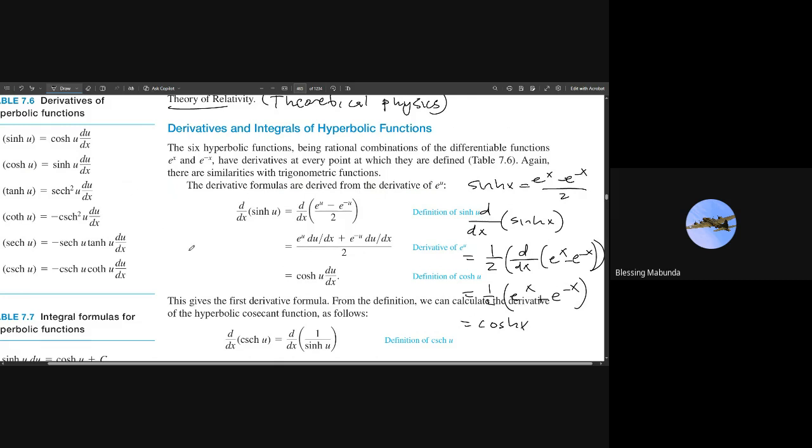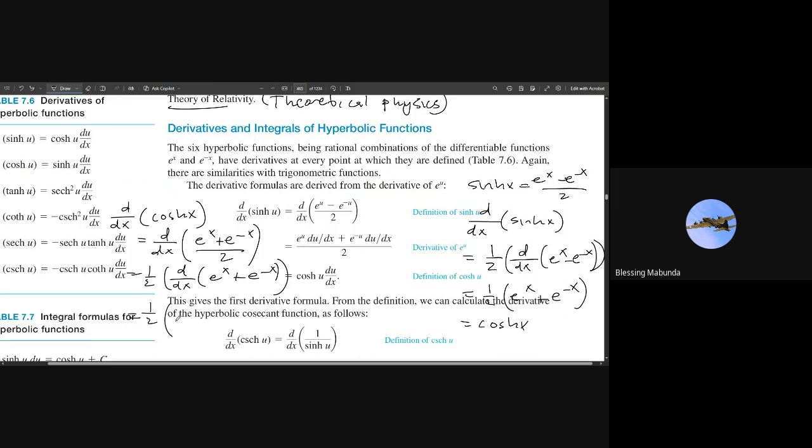Okay, excellent. And then d dx of cosh x is d dx of e to the x plus e to the minus x divided by 2. That's 1 over 2 times d dx of e to the x plus e to the minus x, and this is 1 over 2 times e to the x minus e to the minus x.